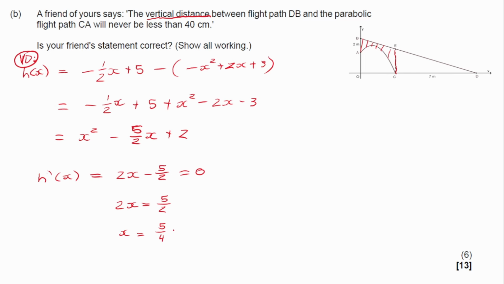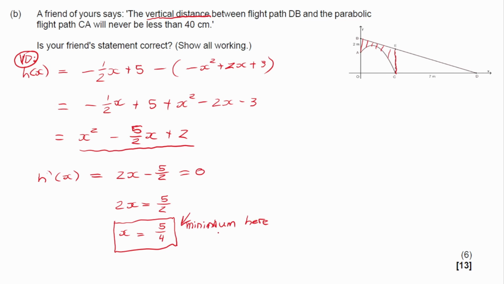So we know that at this point over here, we will have a minimum vertical distance, but we need to put this x coordinate into our h of x formula to find the vertical distance, because this is just the x coordinate, and this will give us our vertical distance if we plug it in here. So this just says there's a minimum here.